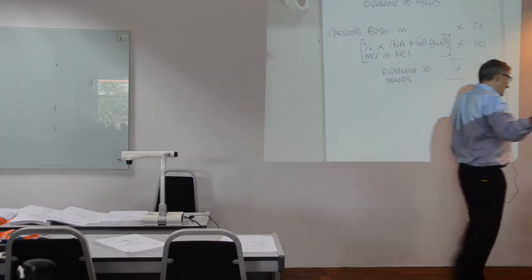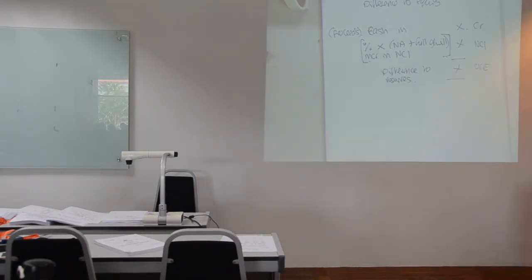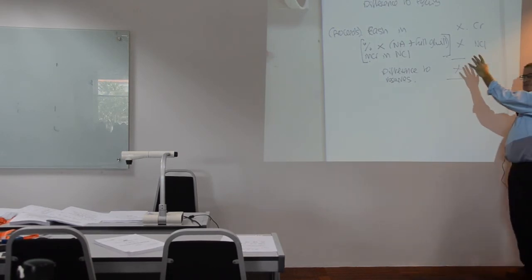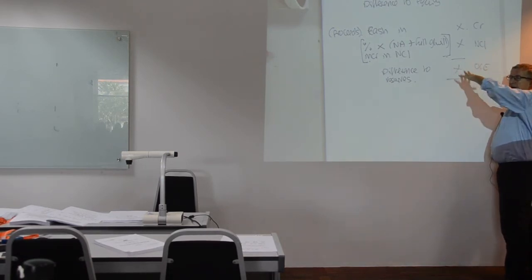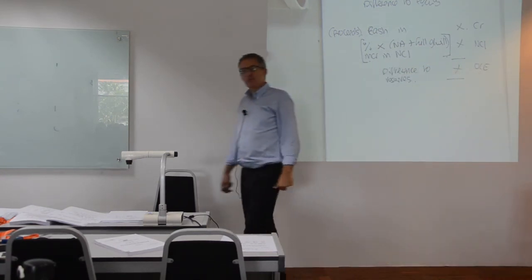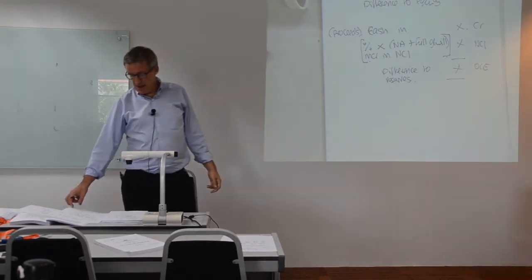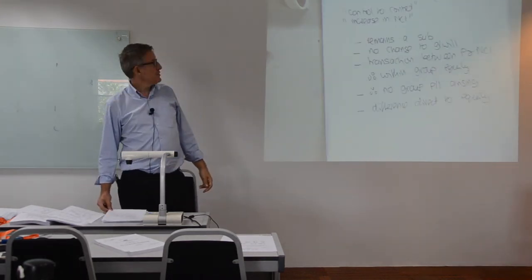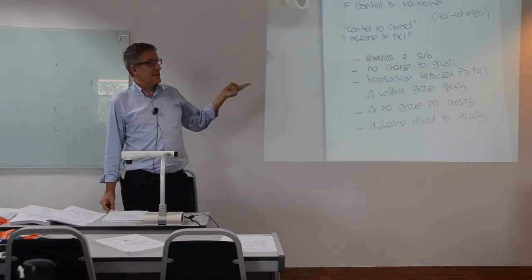I will go back to the original question in a minute, but I'm so close that I may as well finish off. This is what happens when you increase the NCI. Almost identically, the same thing happens when you decrease the NCI. If you decrease the NCI, control is maintained.